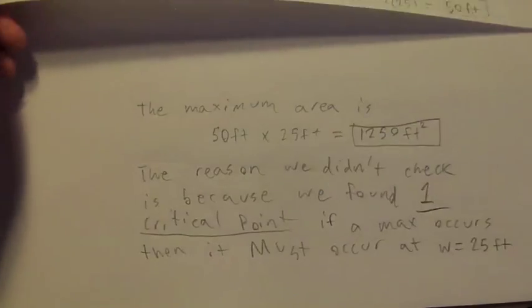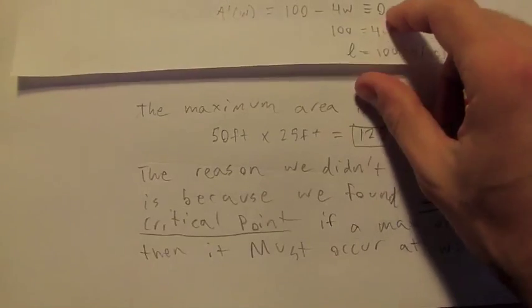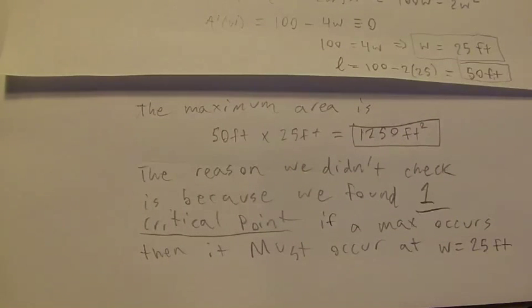So the minimum area is actually going to be 0. So we found something at 25, and that gives us a positive value, so that has to be the maximum. So this really only works if you find a single critical point, and a lot of these are going to be that way. So once you go through all this process, we don't really check using a rule or a test, because just the way it's set up, that has to be the answer, and if it's not, then it just doesn't have a maximum.